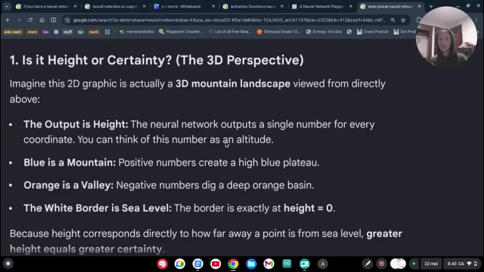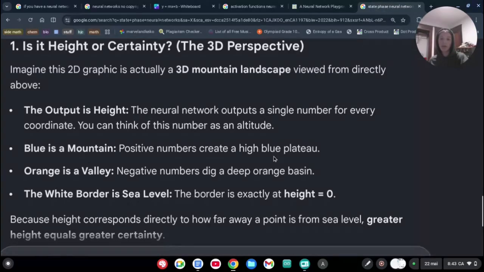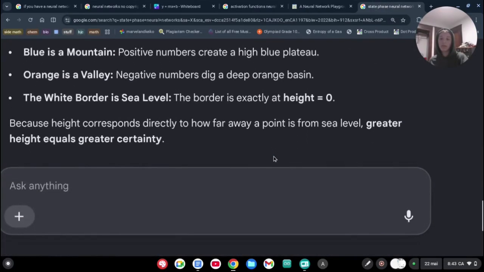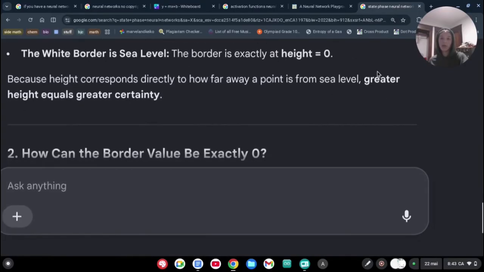So blue is a mountain. Positive numbers create a high blue plateau. Negative numbers are orange. And the white border is sea level, is what it's saying. Okay, so mountain, sea, plateau. Got you.